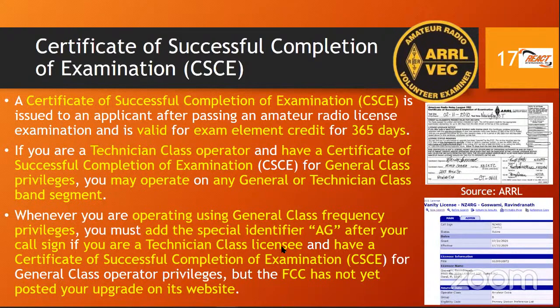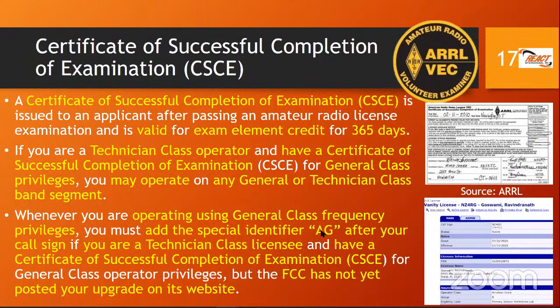So you can use your general class privileges right away as soon as you get this piece of paper that says that you are upgrading from a technician to a general. You have passed the exam. Even though you're still a technician class according to the database, you can use your general class privileges. Just bear in mind what you need to do.